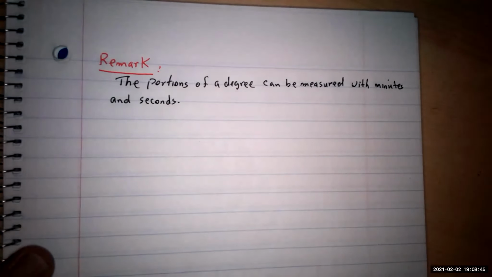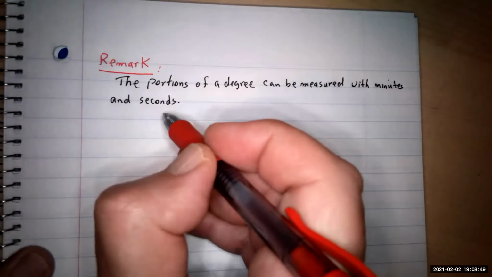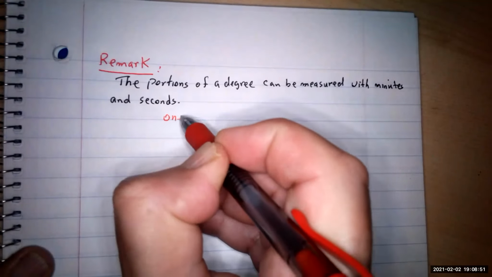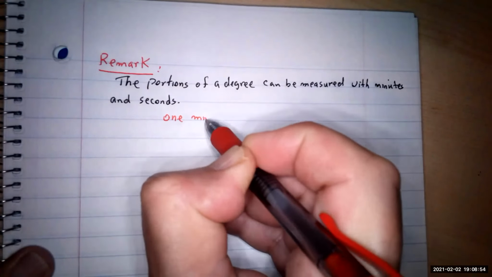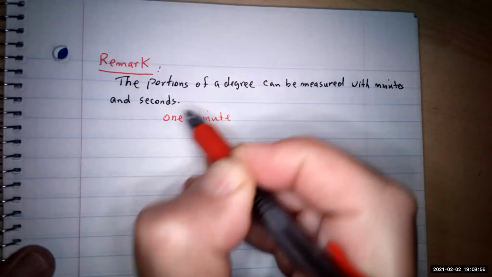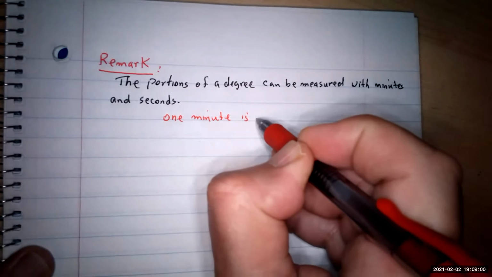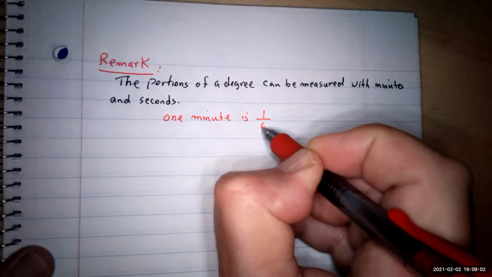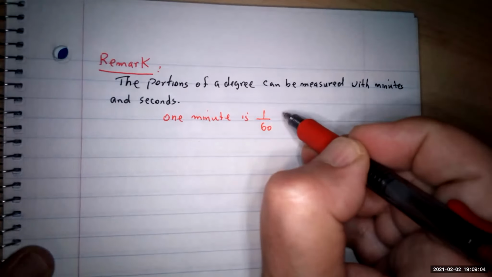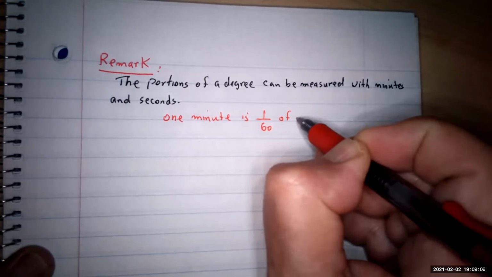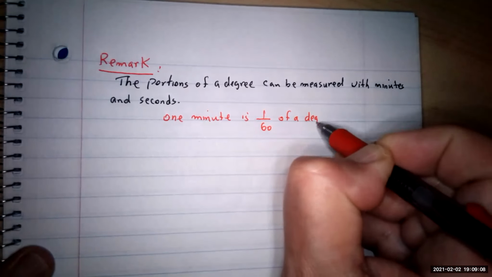As we talk about it, we introduce a minute, and we say, 1 minute is what? Okay, this is it. 1 minute is 1/60 of a degree.